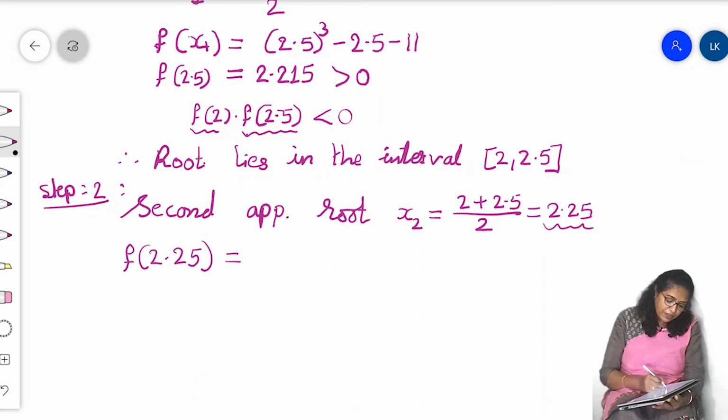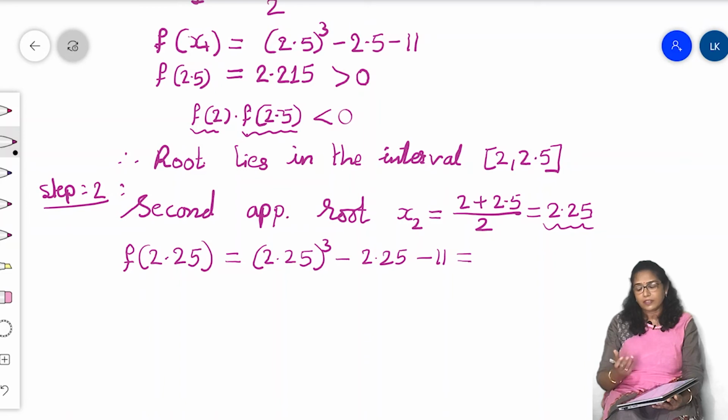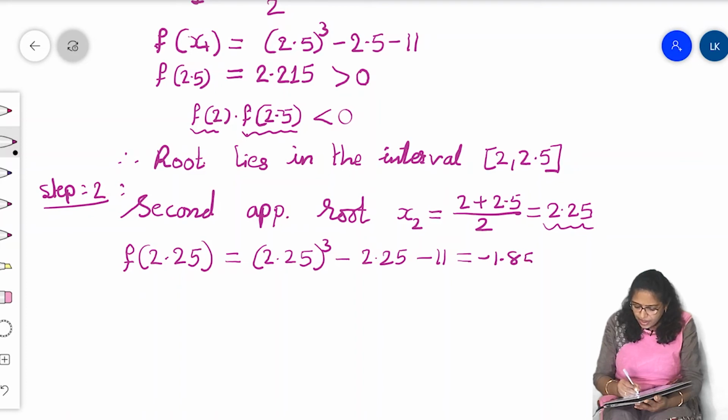F of 2.25 means 2.25 whole cube minus 2.25 minus 11. Use the calci and find the answer. Remember that. Put our calci in radian. Okay. Its answer, what is it? Its answer is minus 1.859375. It is negative.